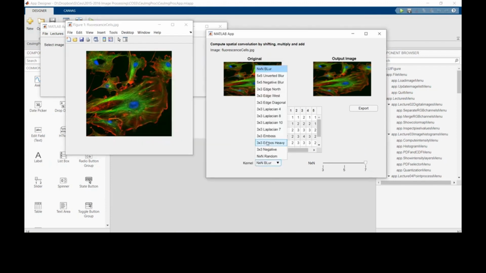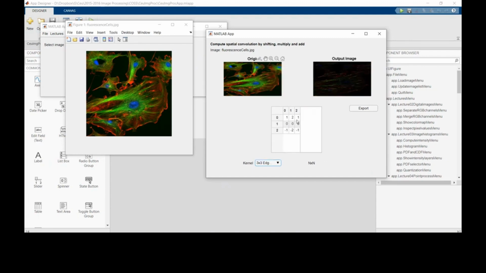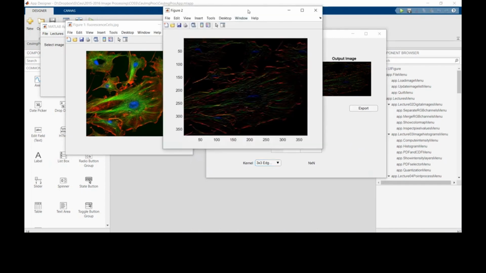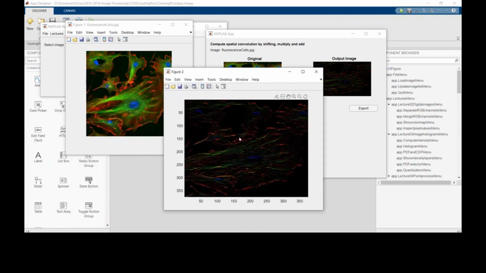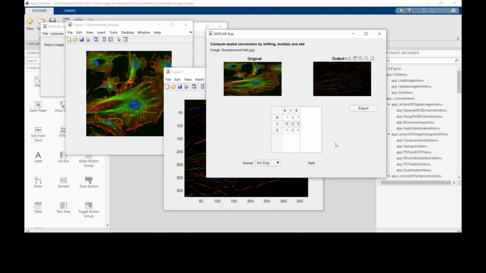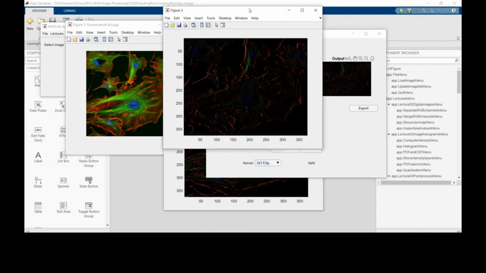Okay, what else? We can have edges. Now we understand this edge. Those are derivatives in the vertical direction. So I have derivatives in this direction, and I have all the horizontal borders. And I can have the vertical borders now.